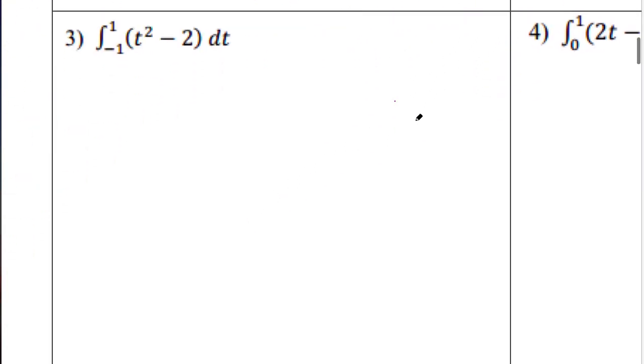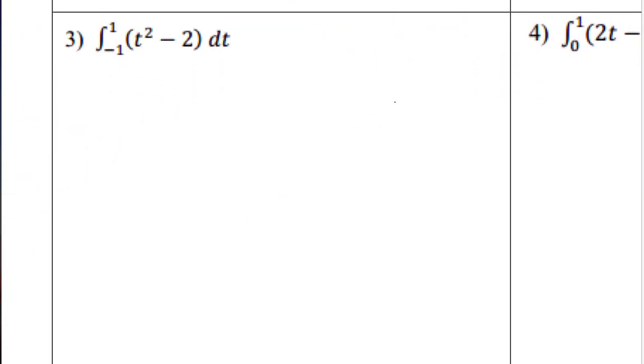So moving on to number 3 and changing colors. Here we have a slightly lengthier integral, so we have negative 1 to 1, the integral of t squared minus 2 dt. For the beginning, we're just going to take the antiderivative of each term.